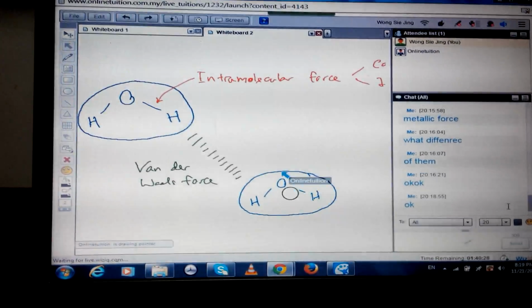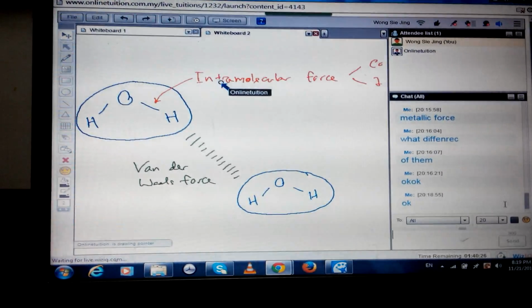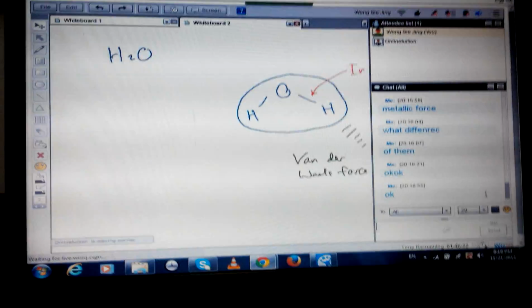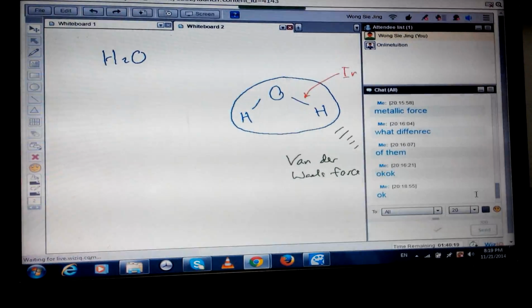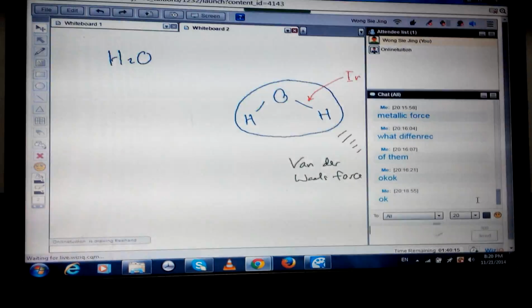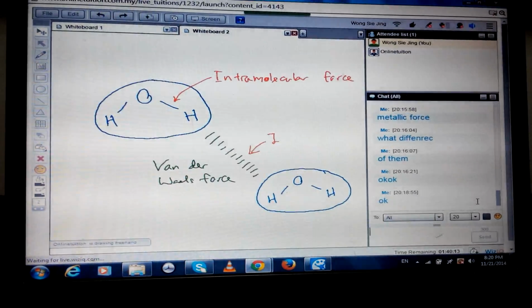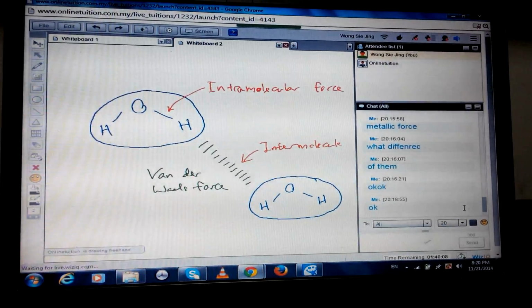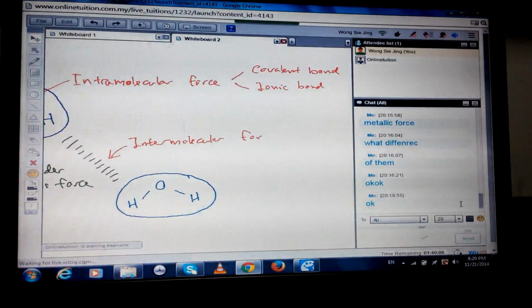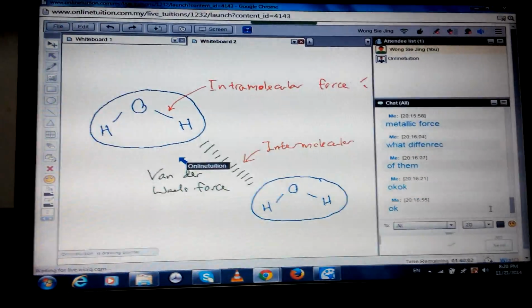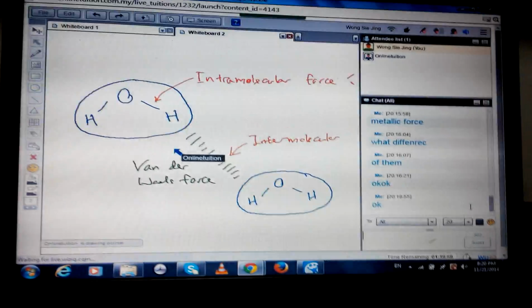And this is the force between molecules. This is inside the molecule. This is between molecules. And the force that exists in between molecules is called intermolecular force.